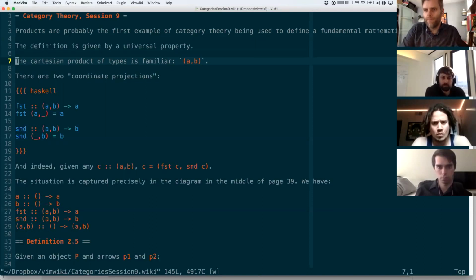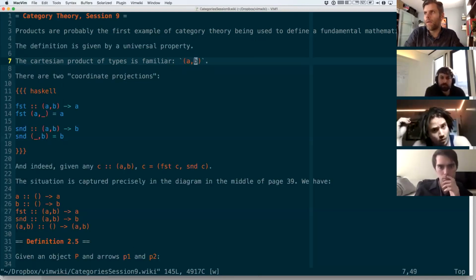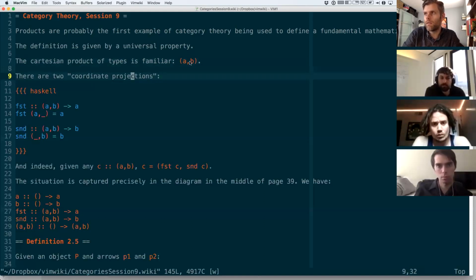So the product type of the two types A and B is just the familiar pair type, (A, B) in Haskell. There are two projections out of this type. There's one arrow from (A, B) to A, and there's another arrow from (A, B) to B. Right?